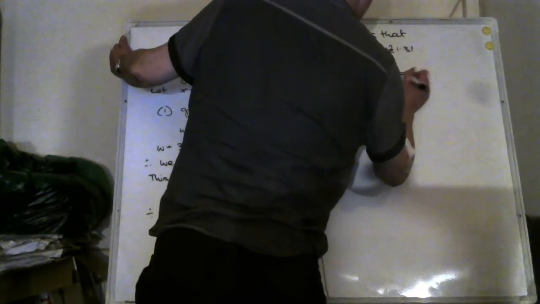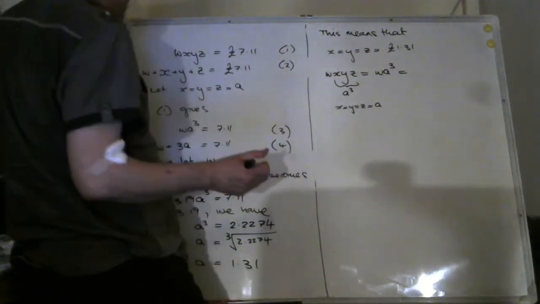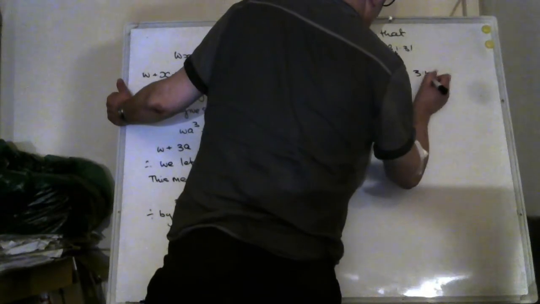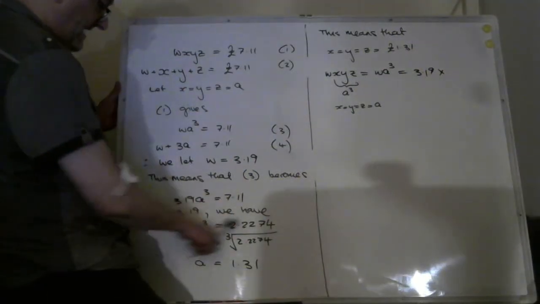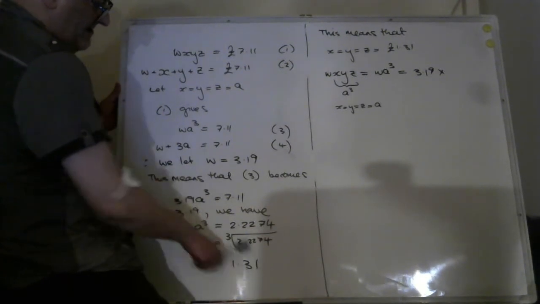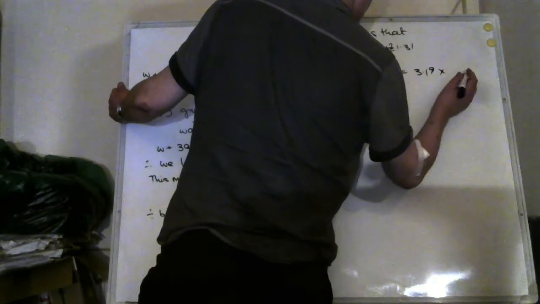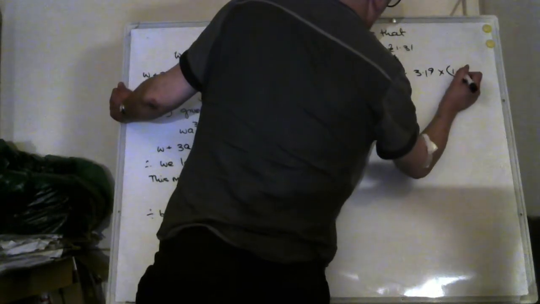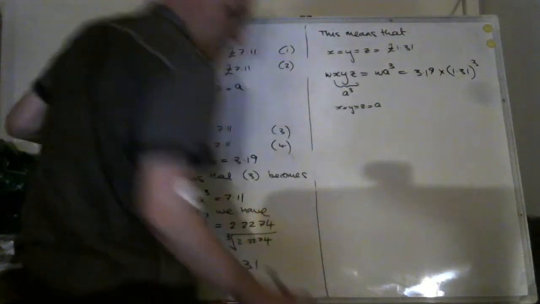And what we can write is, well, we said w was equal to 3.19, and a cubed is, well, we can just take this value here. We don't even need to take this and cube it again. So we just multiply by 2.2274. I'll write it in for you anyway. 1.31 all cubed.